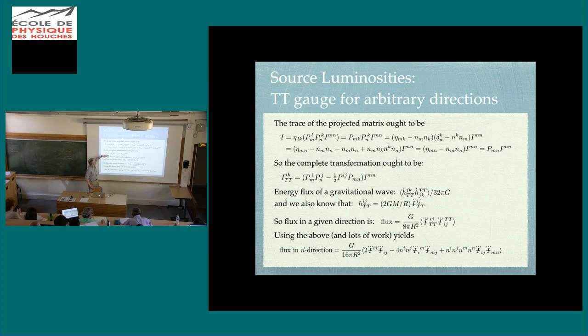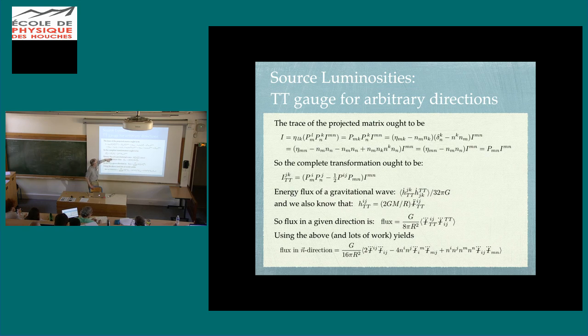So to complete the transformation, if you want to go in any particular direction to get the transverse traceless, you do the projection and then you subtract off the trace. And that's it.